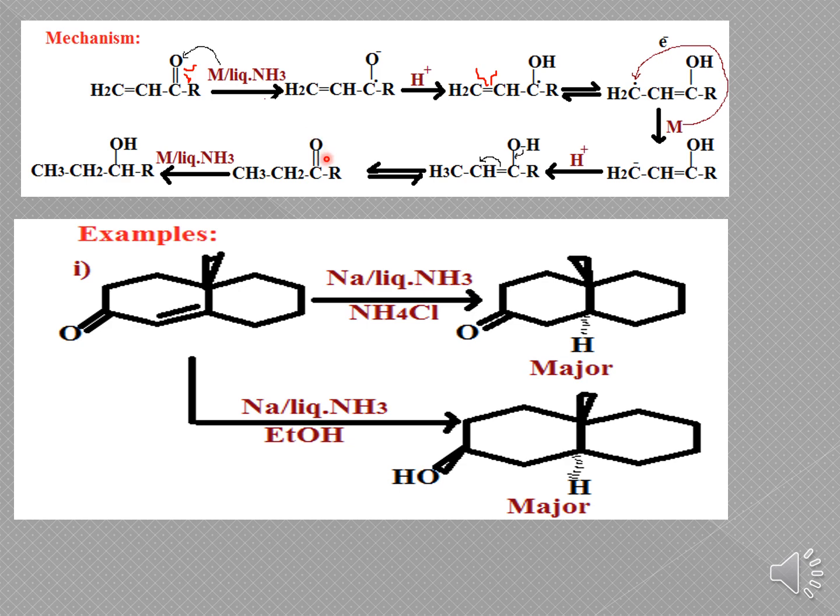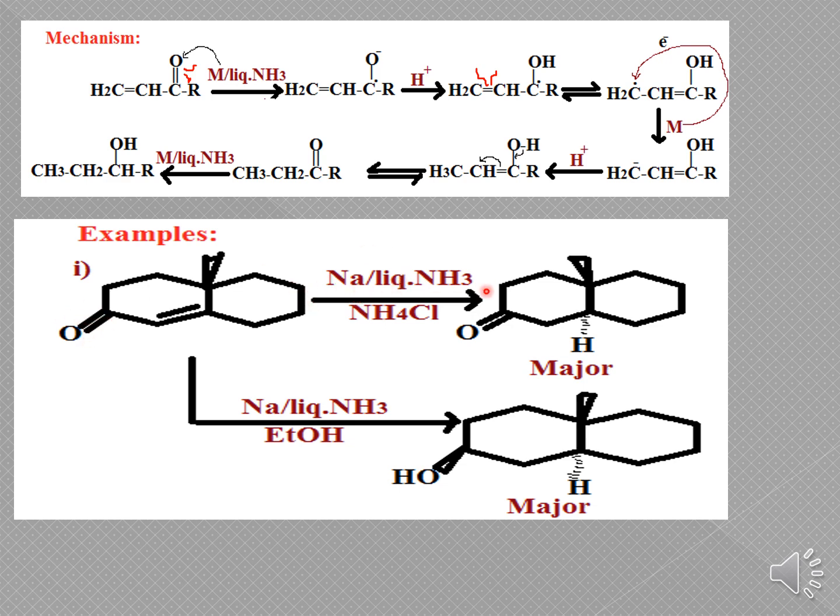Again, when it is treated with the metal in the presence of liquid ammonia, there is again homolytic cleavage at this oxygen, and upon treatment with the metal, it will lose one electron from the metal. It will gain it as O dot and then O minus, which abstracts the proton, resulting in the alcohol formation.